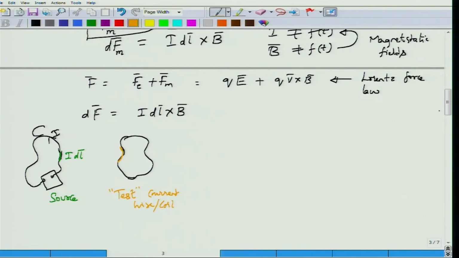This is the force law that we have. However, we are interested in finding what this vector field B will be, and to get this vector field B we need to invoke what is called the Biot-Savart law.